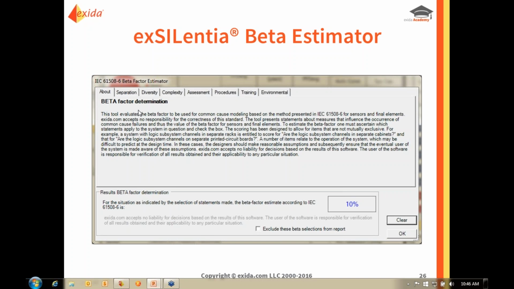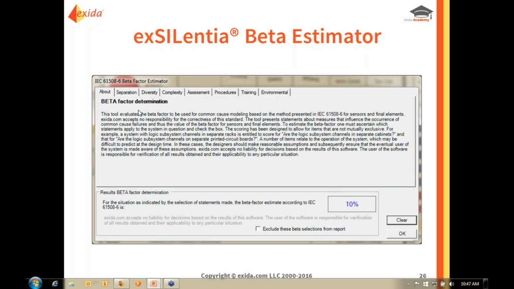We're using the site safety index to account for that, and that could have an impact similar to common cause on your overall performance, but that's simply accounted for differently. I'm not intimately familiar with the details of the study. I've seen the results. I just don't know how they came up with these higher beta factors, if that's accounting for site specific issues in addition to product specific issues, or if it's really just product specific issues.